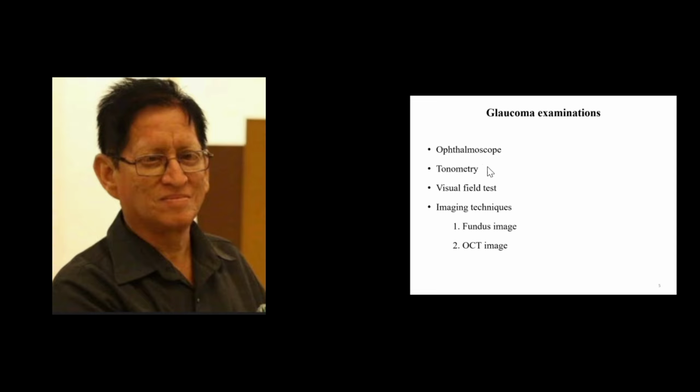In normal tension glaucoma, the pressure is normal, but the nerve is damaged. That is called normal tension glaucoma. In hypertension glaucoma, the pressure is higher, but the nerve is not damaged. That is called hypertension glaucoma. Therefore, this test does not give 100% reliable results.